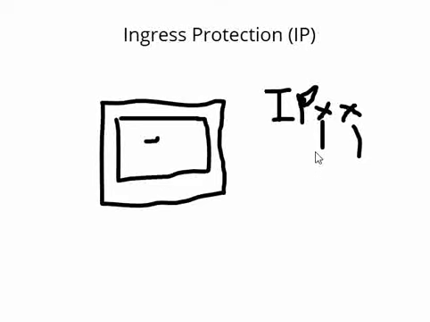One number is associated with how resistant the enclosure is to solid particles like dust and sand. And the second figure in the IP talks about how the enclosures are going to behave with respect to liquids.